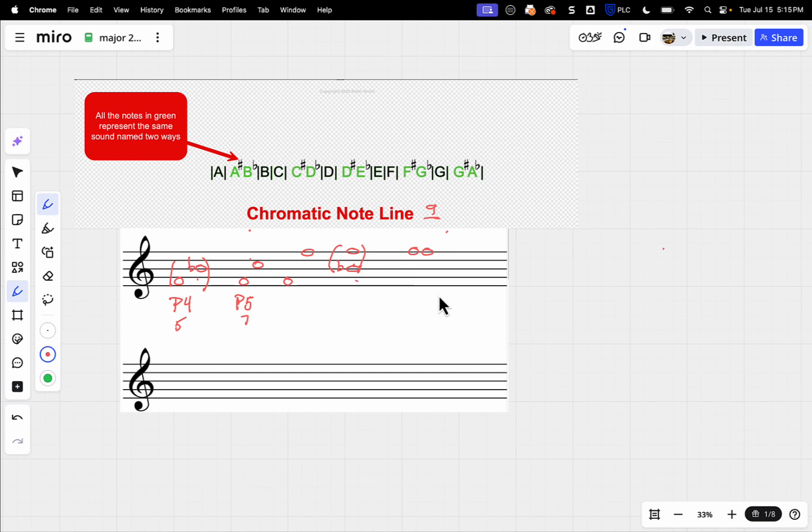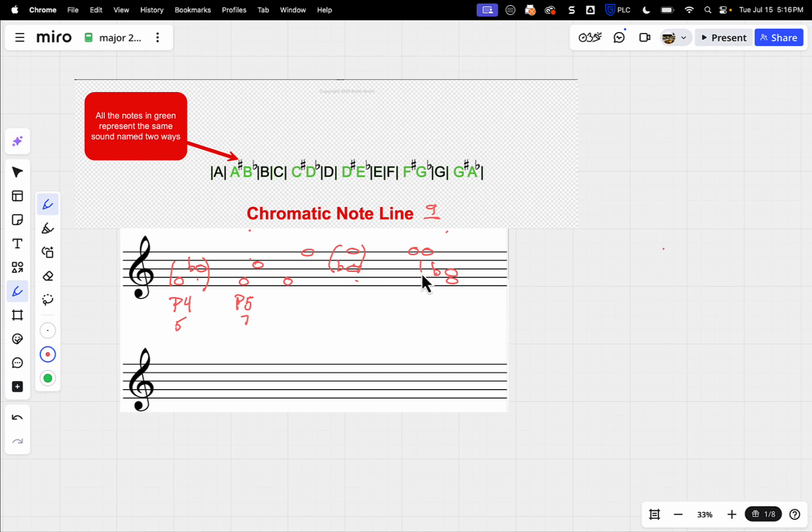Now, remember when we lowered a major interval, like here we had, let's say, F to A, just a couple more odds and ends. When you lower a major interval, this is a major third, and then you lower it 1 half step, 1 fret, you get a minor interval when you lower major intervals.